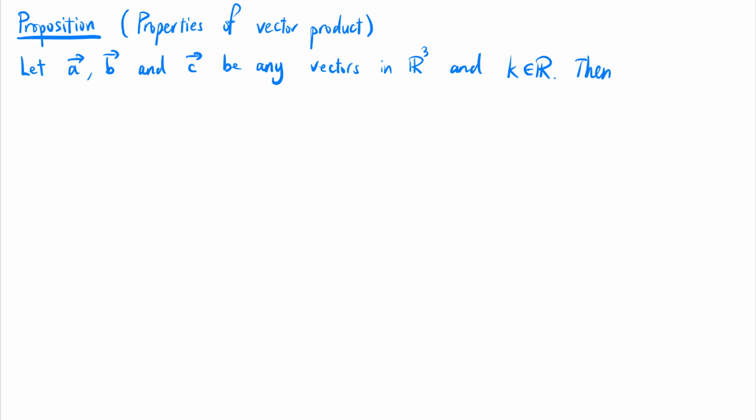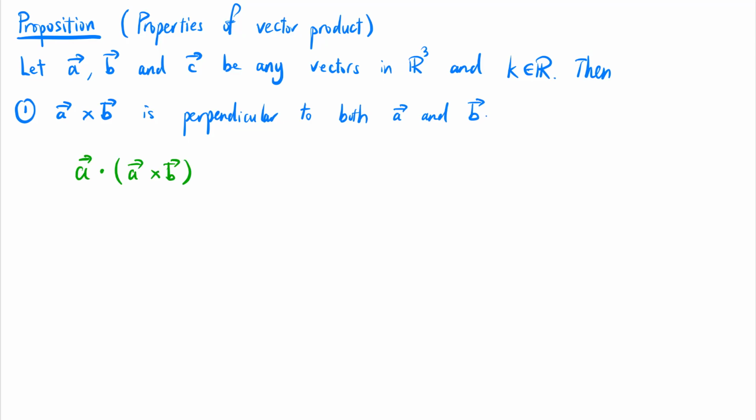Now, let's prove some properties of vector product. Let A, B, and C be any vectors in R3, and k be a real number. The first property is that A cross B is perpendicular to both A and B. To show this, we compute A dot (A cross B), which equals the determinant of A1, A2, A3; A1, A2, A3; B1, B2, B3.